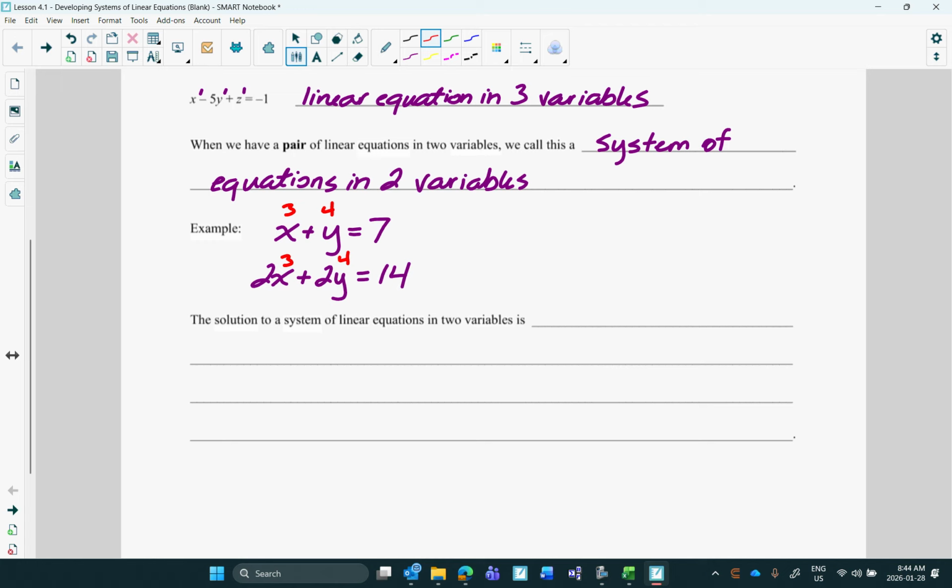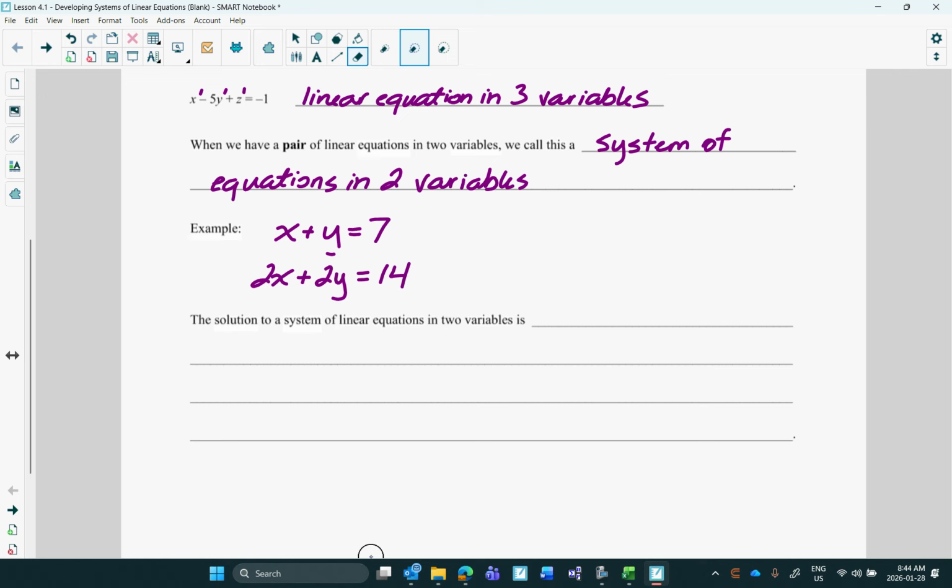So therefore, x is 3, y is 4 would be a solution to this system. There's actually, in this system specifically, many solutions that work. 5 and 2 would work.